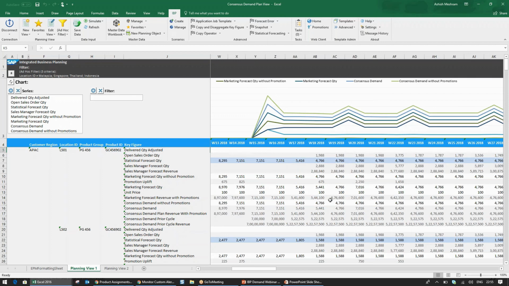Now this consensus demand would be your final output of your demand planning process that is being arrived at by taking input from all the relevant stakeholders and considering all the aspects of the demand planning process.